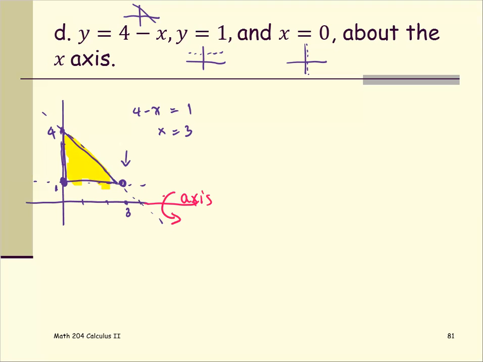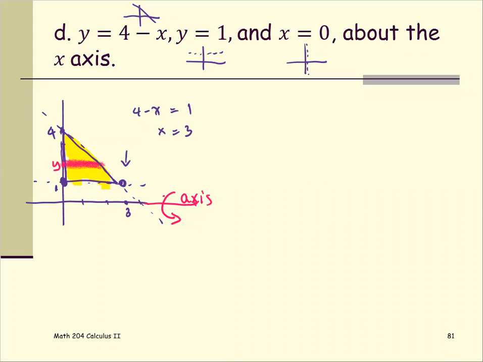When you form the partition, the bar will be parallel to the axis of revolution for the shell. This bar, you see the position here, that's the position y, because it's laying down on the y-axis.